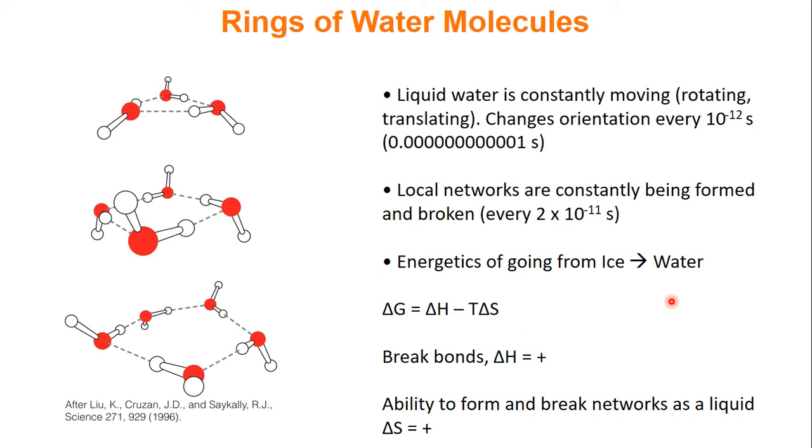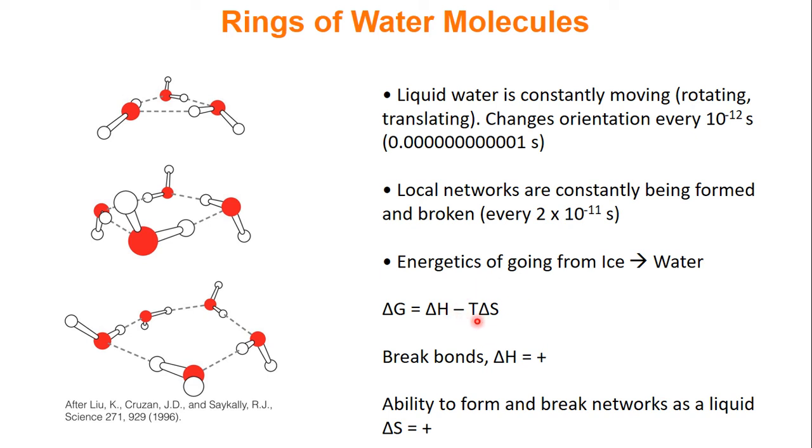Going from ice to water, you're going from a crystal structure to these freely moving structures. That's a lot more chaotic, so entropy increases as well. If delta S is positive here, that means minus T delta S is negative.